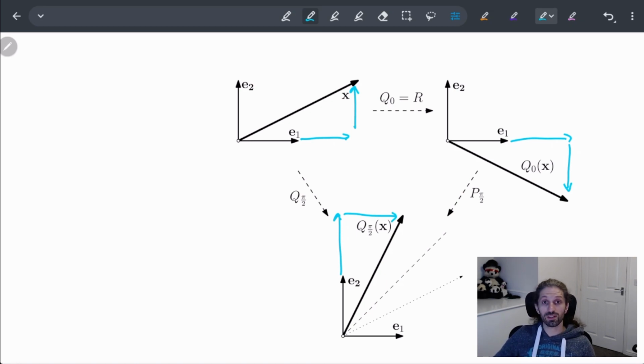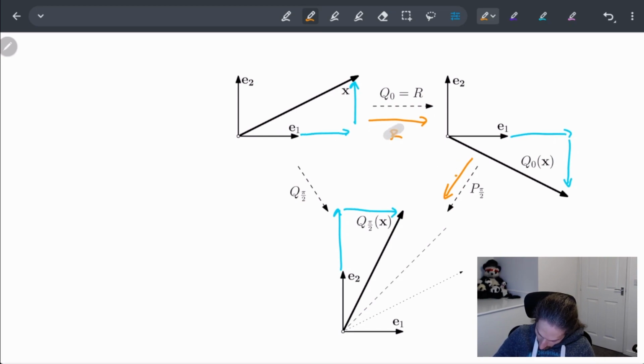But remember what we said is we can actually look at it in two different ways. We can either look at it as going to R. So we first go to R. And then we rotate, sorry. So this is reflect over E2. So reflect over this line.